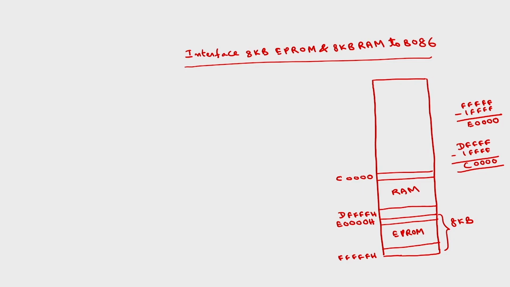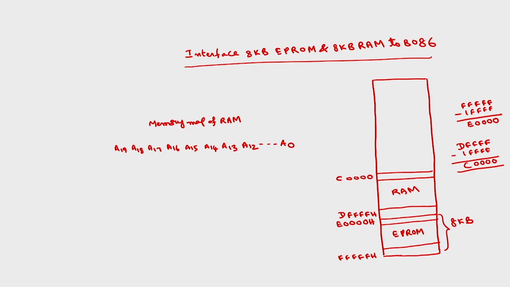So what is the memory map of RAM? In total we have 20 address lines: A19, A18, A17, A16, A15, A14, A13, A12, and so on up to A0.